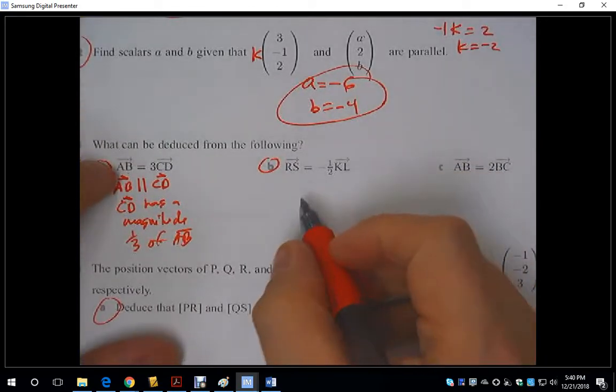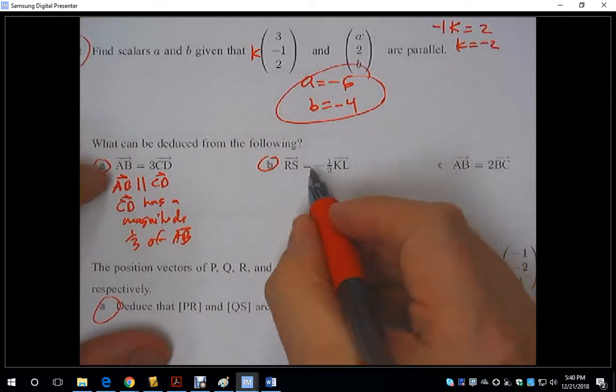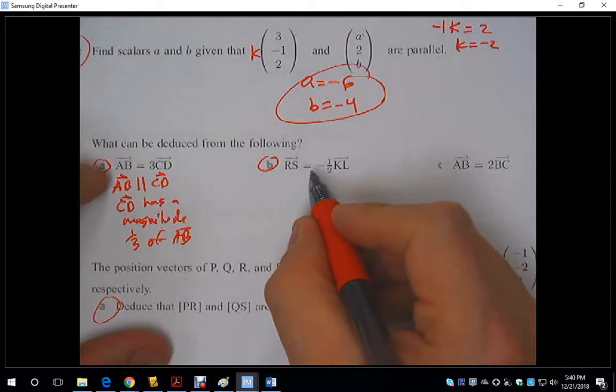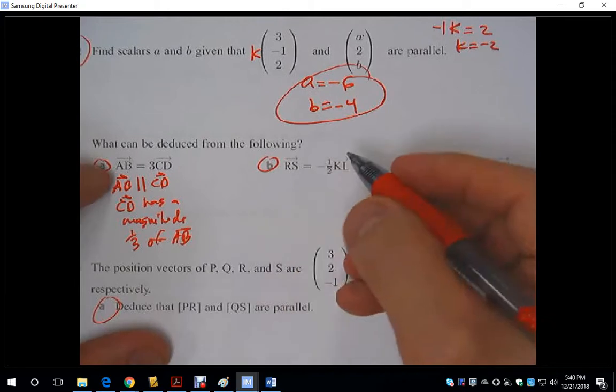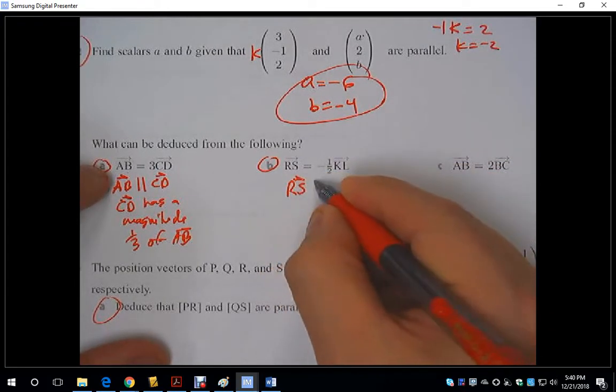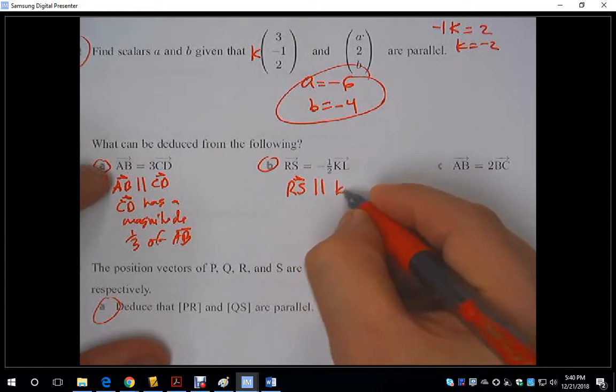All right, looking at this one, if these two vectors are equal, then we know that these vectors have to be parallel. So vector RS has to be parallel to vector KL.